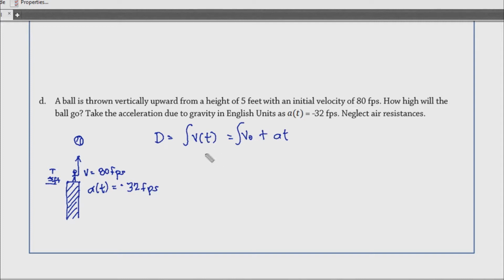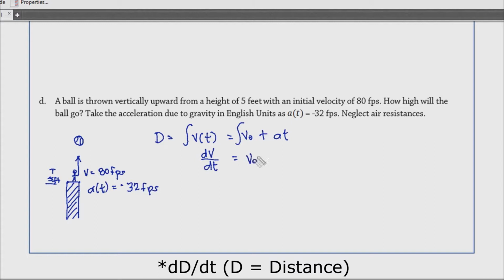So again, this is the expression in terms of time. So you can rewrite this in terms of dv over dt equal to vo plus at, which makes sense if you have dv is equal to vo plus at dt. Okay, and then you can integrate this so that you'll be able to obtain the distance. Now the distance would be the antiderivative of this expression, so that is vot plus 1/2 at squared.